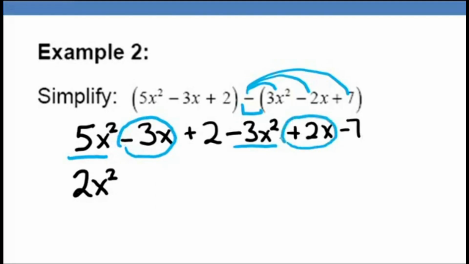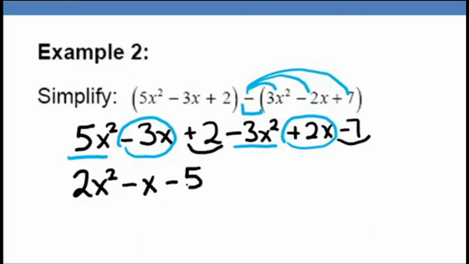They are different signs, so we're going to subtract. And sign of the larger will give us a negative 1x or just a negative x. And last, we'll do the constants. Different signs, subtract, sign of the larger.